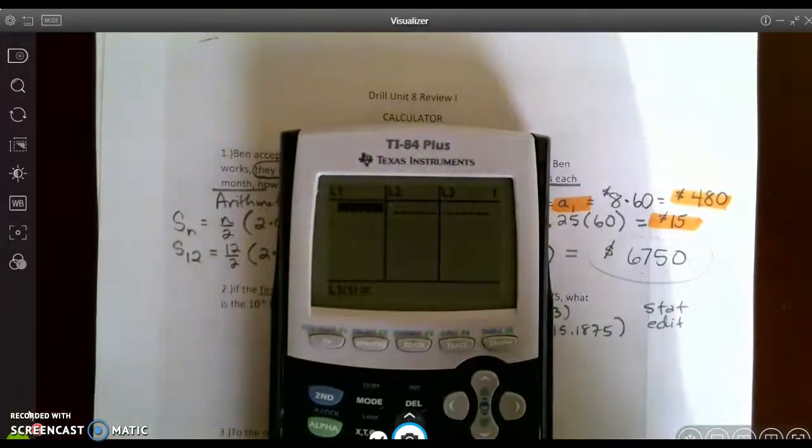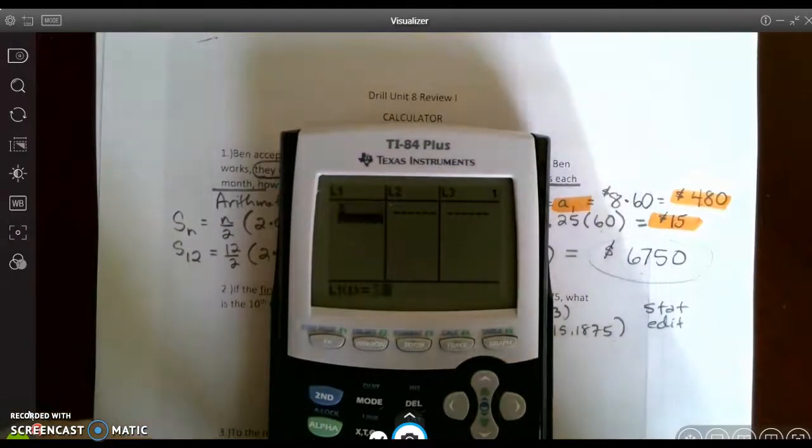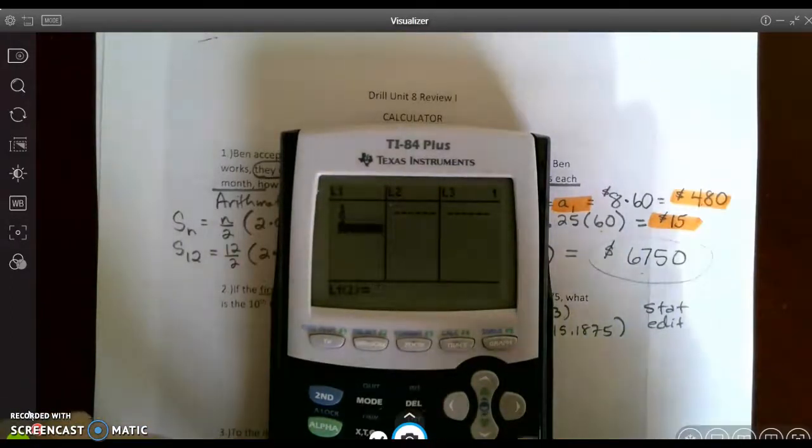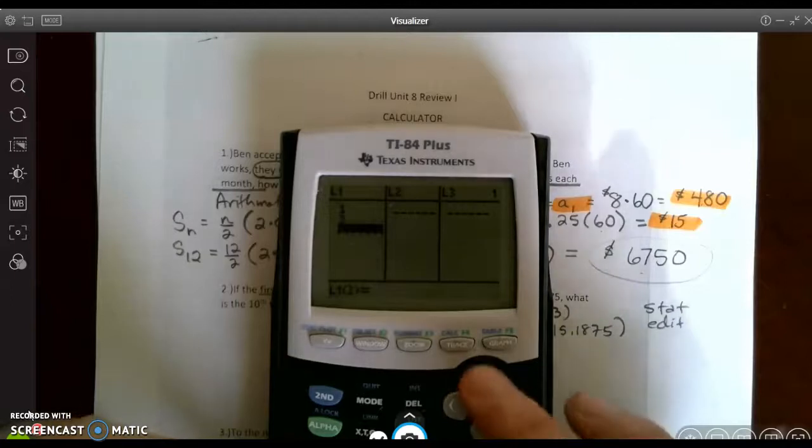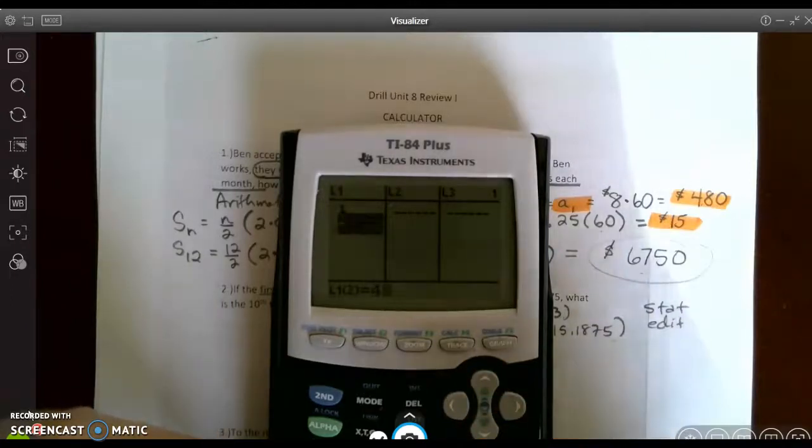Right. So I'm going to put in 1 and 3. Sorry, I meant to put 1 and 4 because there's a first term and fourth term. Sorry. And I get 3 and 15.1875.